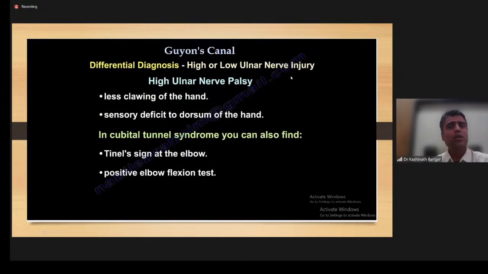So we have to differentiate whether it's a high or low ulnar injury. How? In a high ulnar injury, there will be less clawing and a sensory deficit of the dorsum of the hand, as we have seen. And if it is cubital tunnel syndrome, Tinel's sign could be positive and the elbow flexion test could be positive. But if it is at Guyon's canal, Tinel's sign at the cubital tunnel and the elbow flexion test will be negative.